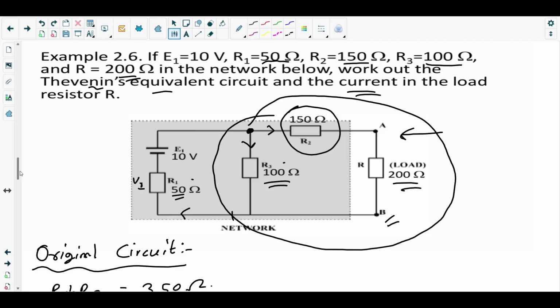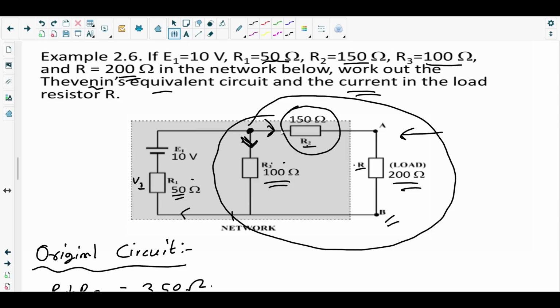How is it the PD across the resistor R3? Because the resistors R2 and R are in series. As we consider from the left, R2 and R are in series, and R3 is in parallel with R2 and R. How is it parallel? Because R3 is in a loop where the current is getting divided.